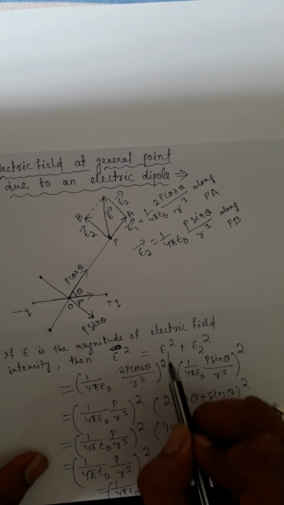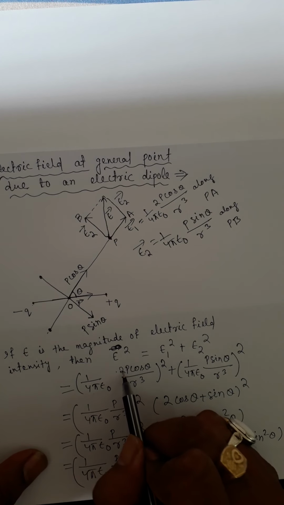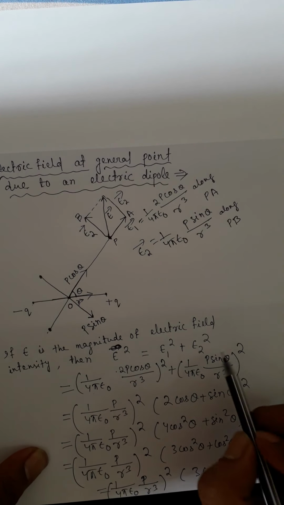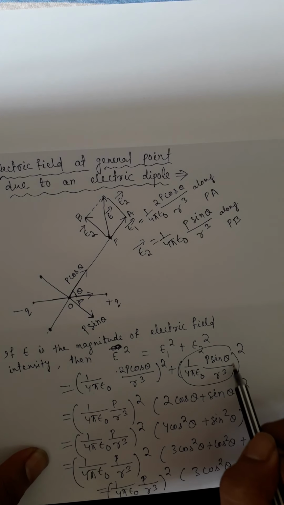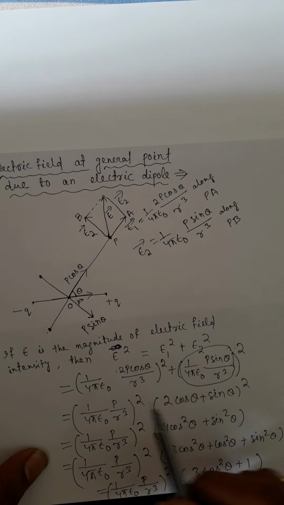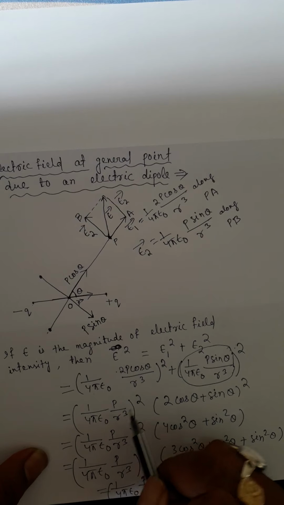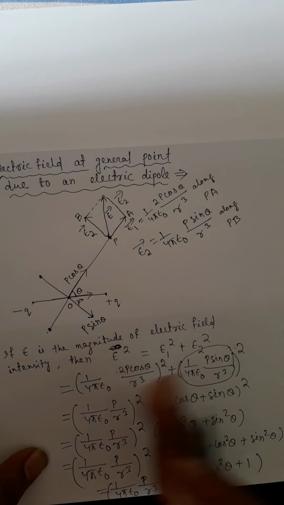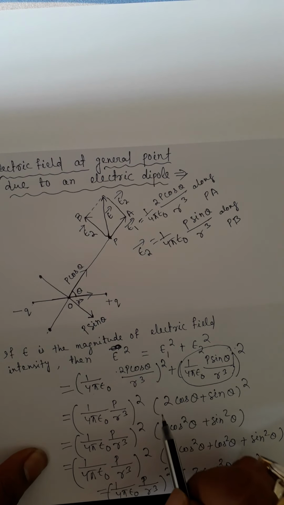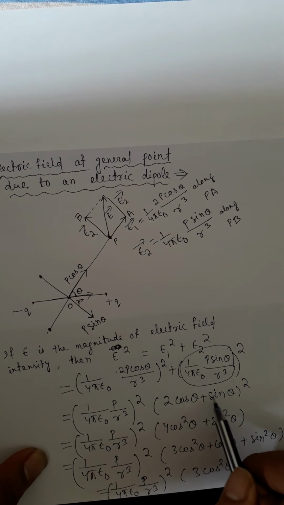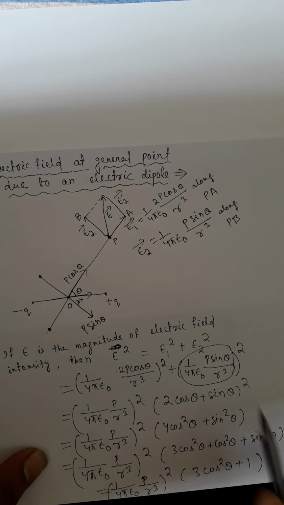So E1 will be 1 by 4 pi epsilon naught, 2P cos theta divided by r cubed, squared, plus the value of E2 squared, 1 by 4 pi epsilon naught, P by r cubed, and the square is taken common, and the rest will be 2 cos theta, squared, plus sin square theta.